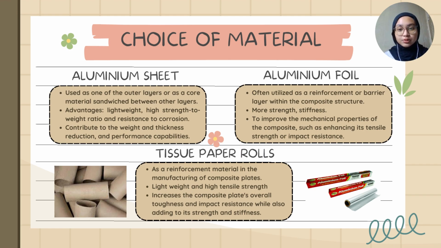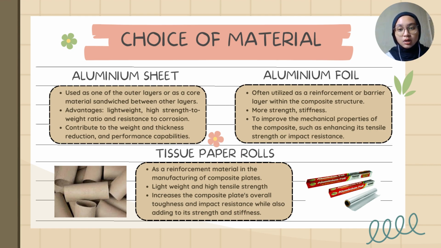Last is tissue paper rolls. Tissue paper rolls in composite plate fabrication refer to the use of tissue paper as a reinforcement material in the manufacturing of composite plates. Due to their light weight and high tensile strength, tissue paper rolls, which are primarily formed of cellulose fibers, can be utilized as a reinforcement material in the construction of composite plates.